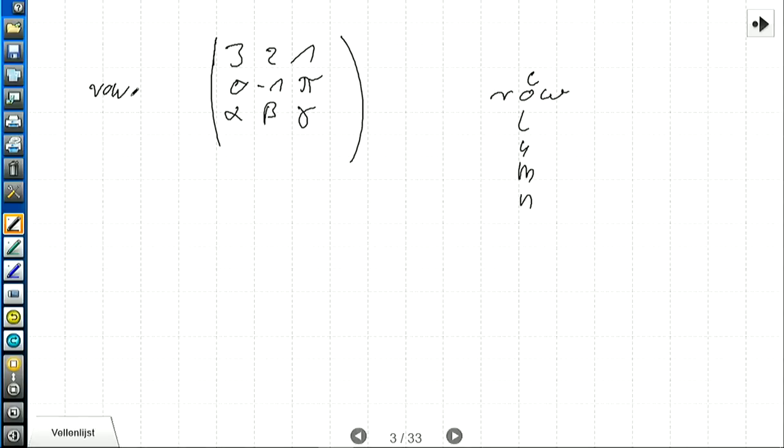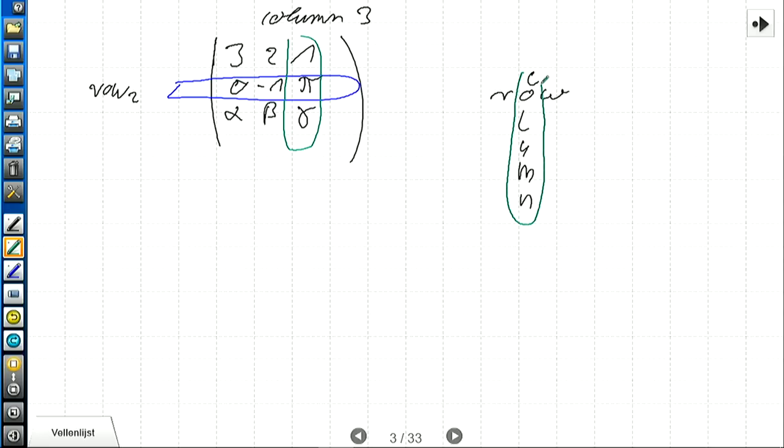So, right? Row 2 is this, and column 3 is this. Columns go this way. So, in case you wonder how to apply row times columns.